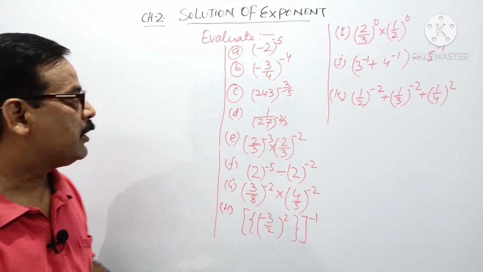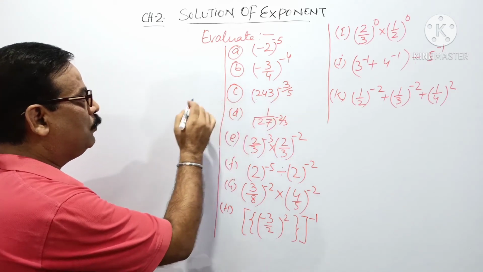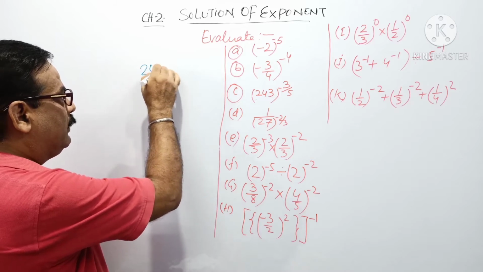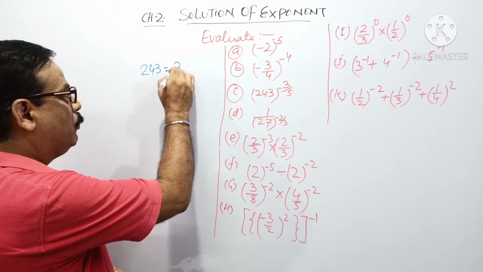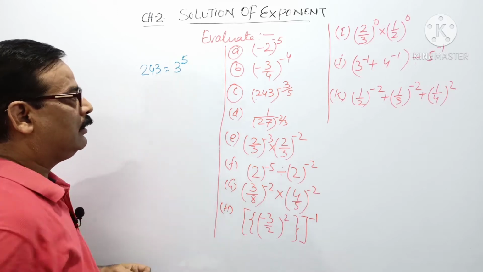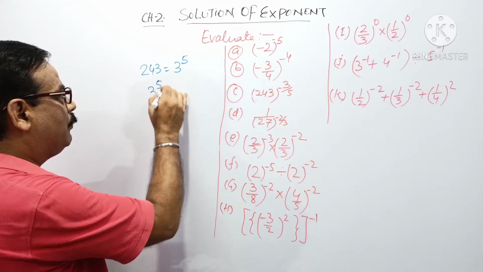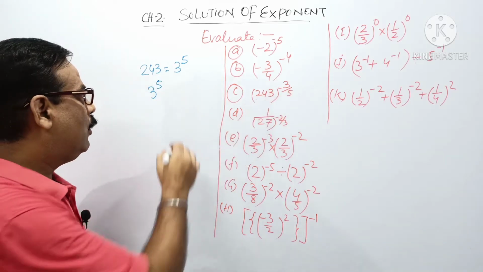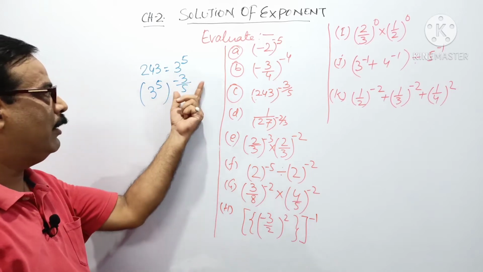Now in question number C, we are looking here, the base is given as 243. 243 we can convert in exponent form as 3 to power 5. So the value of 243 we can write here as 3 to power 5, and the power is already given here, that is -3/5.